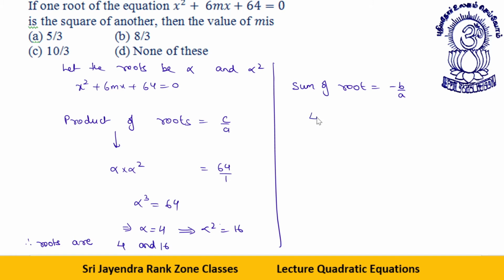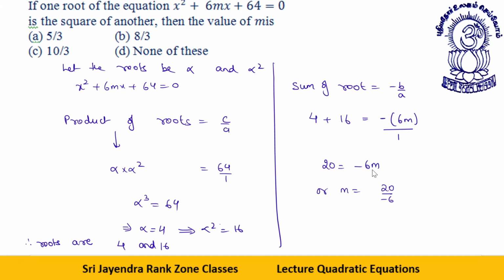What is sum of roots? Sum of roots will be 4 plus 16. This is alpha, one root, alpha square, another root. Is equal to minus of b by a. What is b? B is 6m. What is a? A is 1. So 20 is equal to minus 6m, or m is equal to 20 by minus 6.